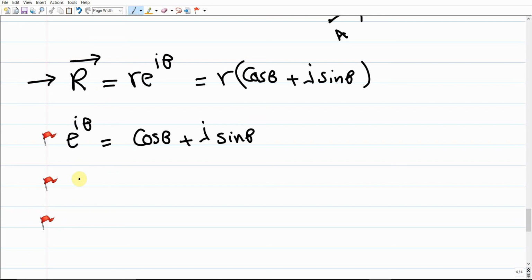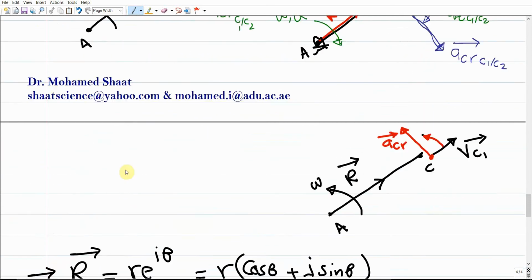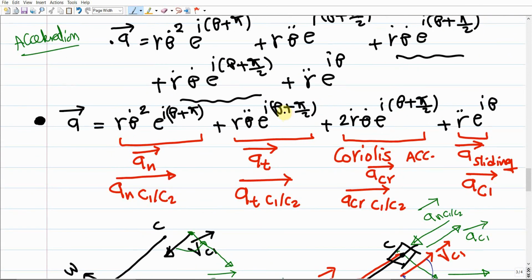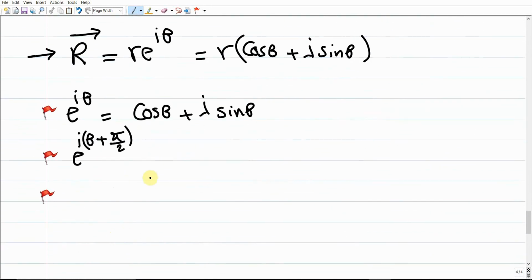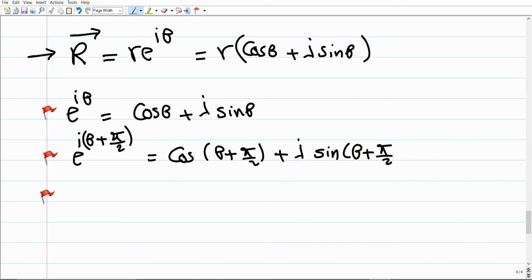For example, how about e^(i (theta plus pi over 2))? Because if you look up, there are some terms that include theta plus pi over 2, and some other terms that include theta plus pi, right? So if there is pi over 2, this is going to give us the cosine of theta plus pi over 2 plus i sine of theta plus pi over 2.